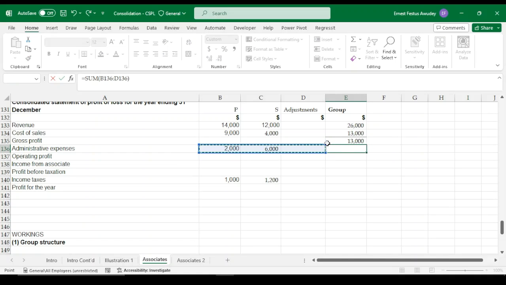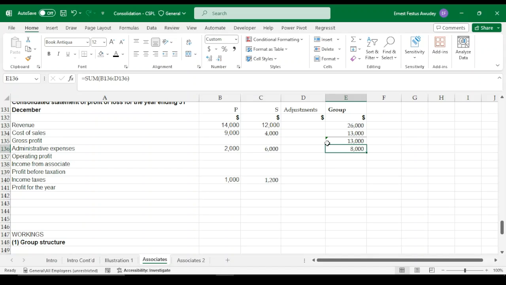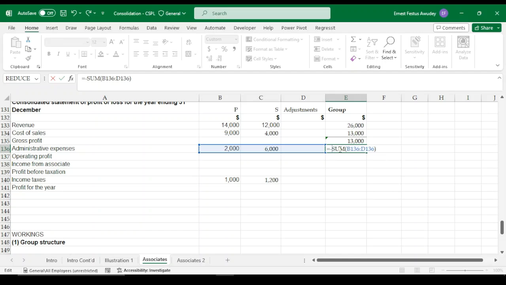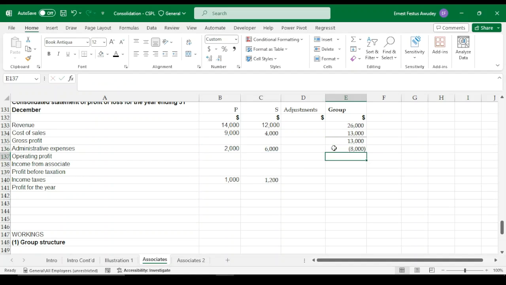So I have my Alt equals there, 8,000. Then this is going to be subtracted as well. So quickly I can even put this as a minus right here, and I'll have my negative figure there. So I'll have this plus this, and that gives me 5,000 as my operating profit.